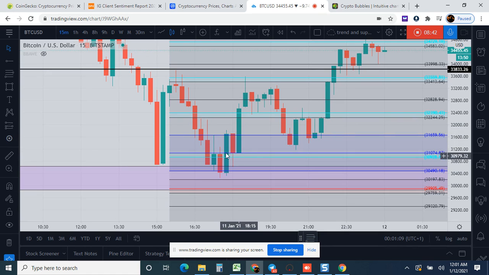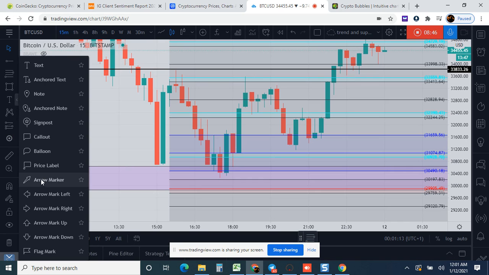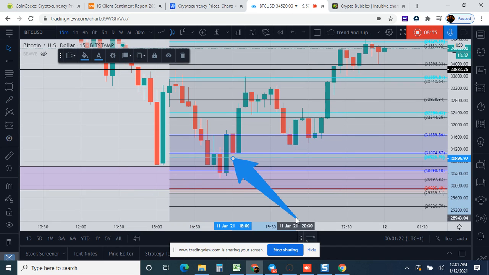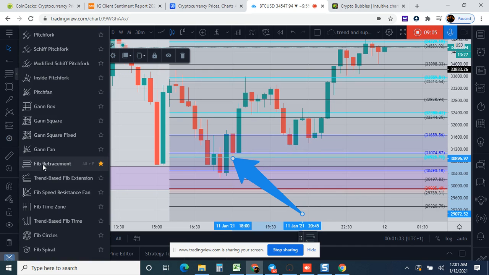So our entry will be right about here at the preferred entry of the 15 minutes. Basically, that's our entry with our stop loss at the red line there. So far, so good. We should be like 3R up.